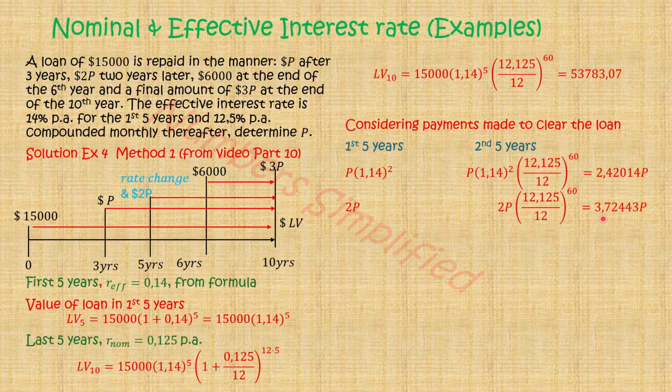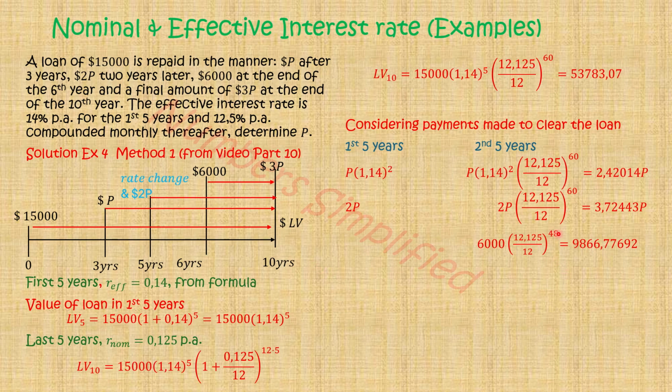So when the rate changes, we know that we are shifting from an effective rate to the nominal interest rate of 0.125. And that then is going to give us this 6,000, which was made in the 6th year. And from that, we know that from 6 years to the 10th year, this is only 4 years.